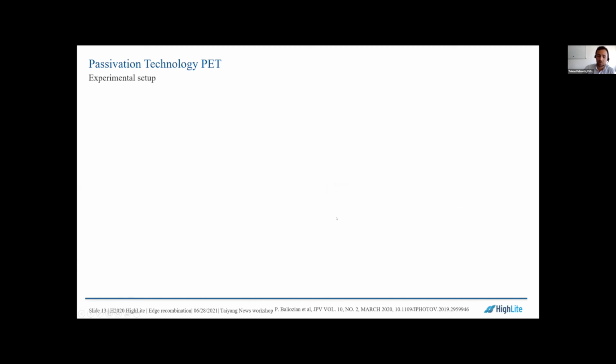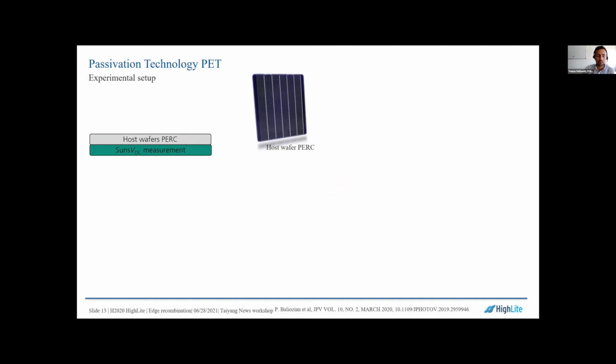Okay, so how to characterize the edge recombination? We did a little experiment, and you see here a host wafer where we have already some shingles printed, and we can just use the SUNS-VOC measurement to measure this host wafer.